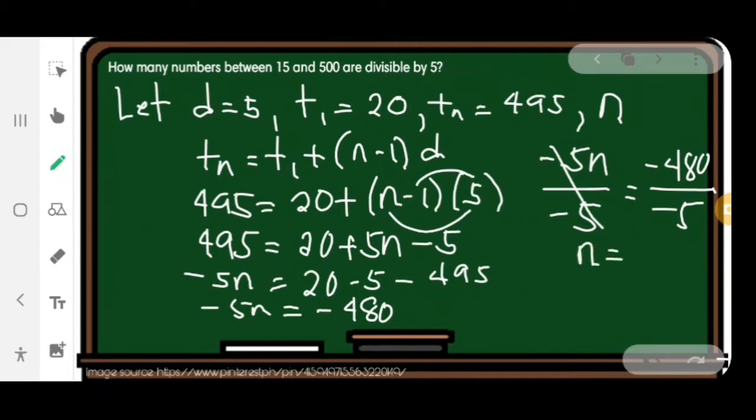Copy n, and then negative 480 divided by negative 5 is equal to 96. That means there are 96 numbers between 15 and 500 that are multiples of 5, or they are divisible by 5.